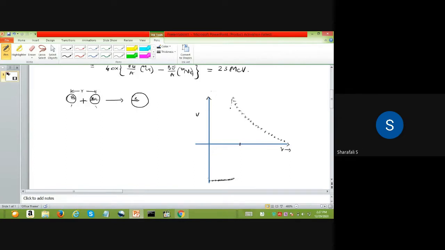So this suddenly goes down like this, almost like this. So here we have something like this kind of shape, and on this side it has the 1 by r form, that is the Coulombic repulsive form.